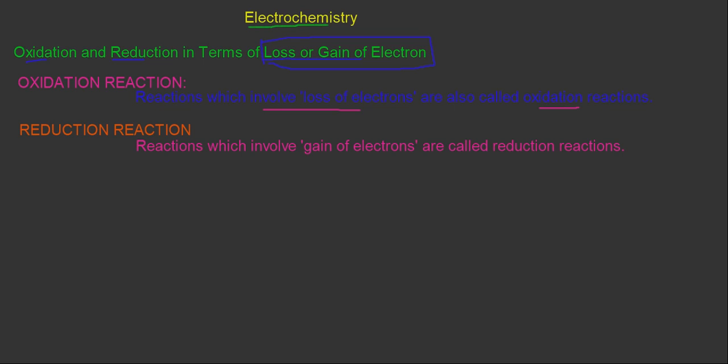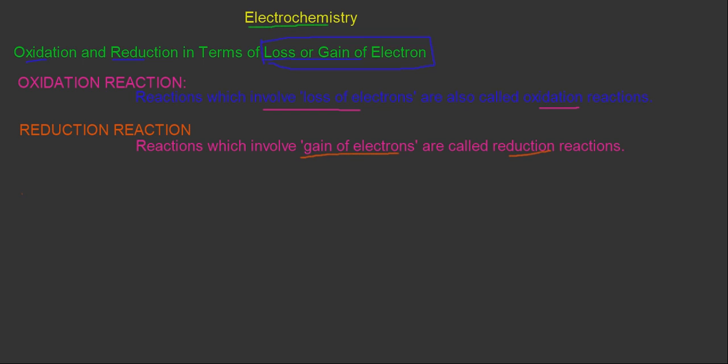Therefore, reactions which involve loss or gain of electrons are called oxidation and reduction. Those reactions which involve loss of electrons are called oxidation reactions, while those which involve gain of electrons are called reduction reactions.